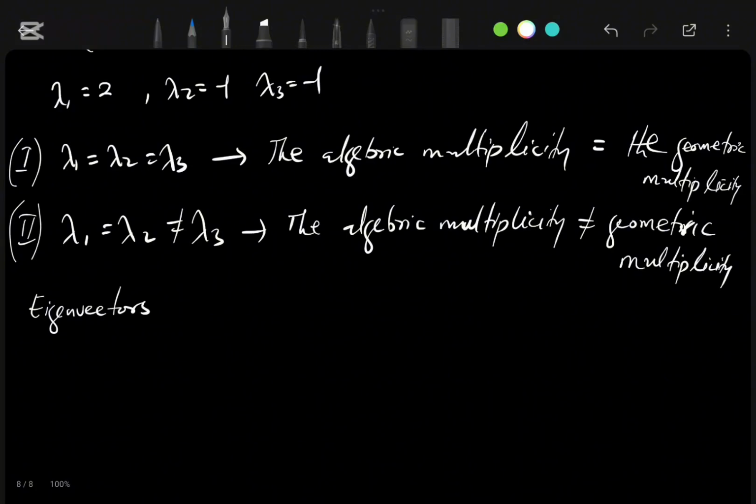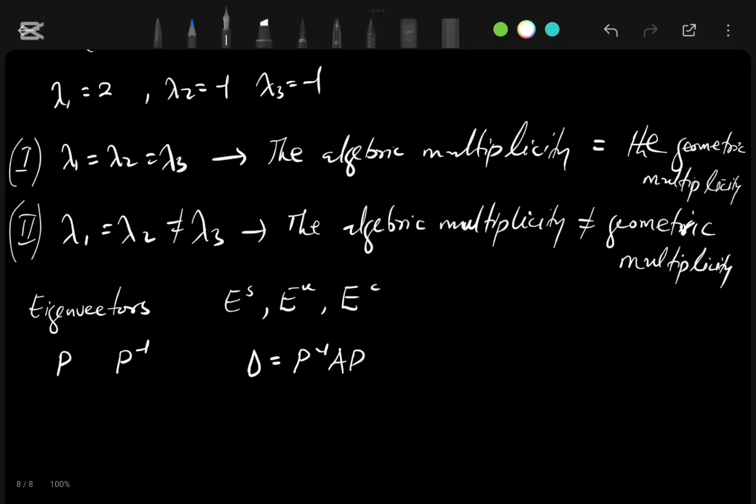And after finding our eigenvectors, we group them into the stable subspace, unstable subspace, and the center subspace, if there is any. This will lead us to determine our P and P inverse. After doing that, we will write down our diagonal, which is equal to P inverse AP.